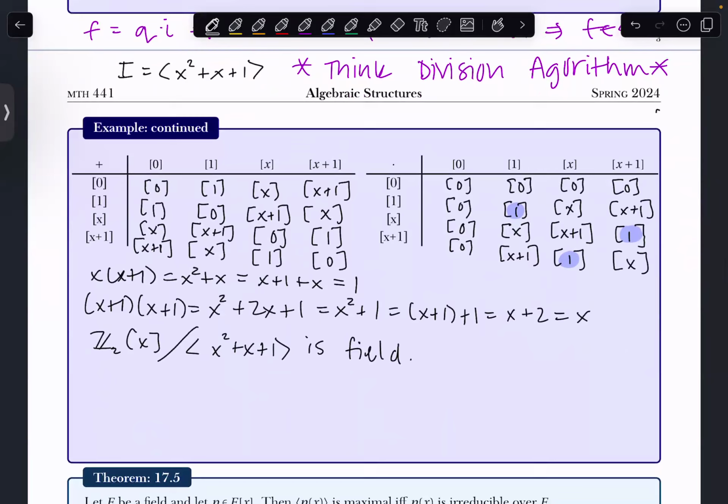It turns out that when I have a field for my coefficients and I mod out by an ideal generated by something that's irreducible, I'm always going to get a field back out.